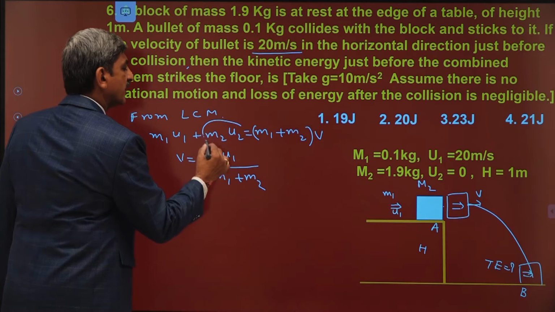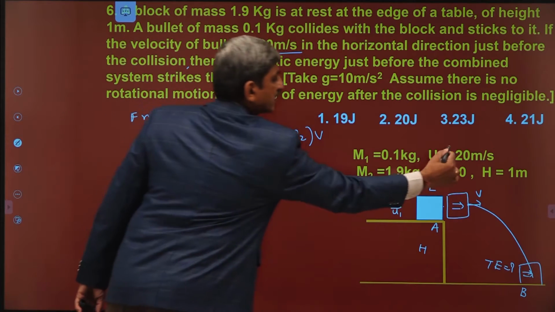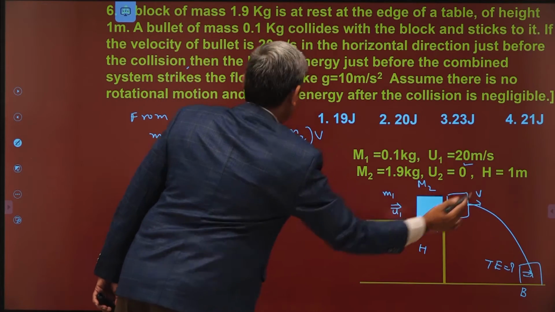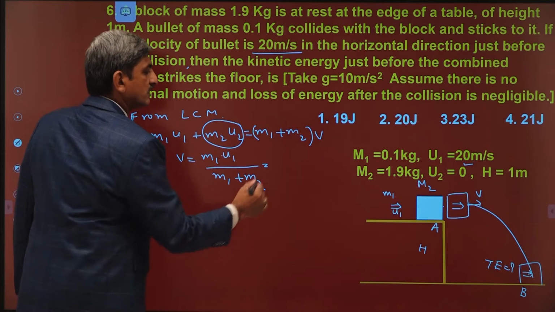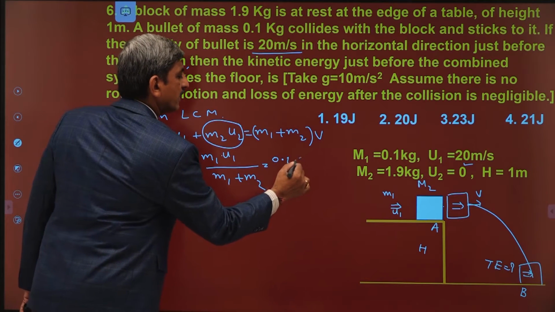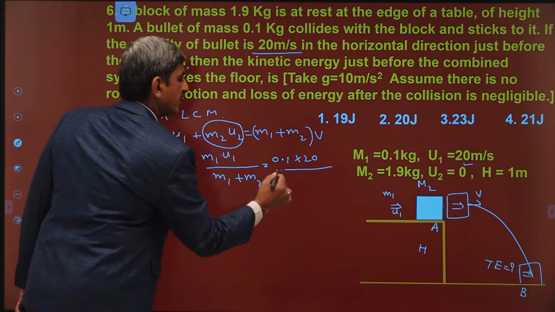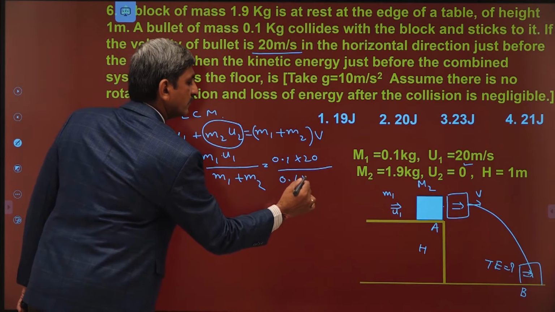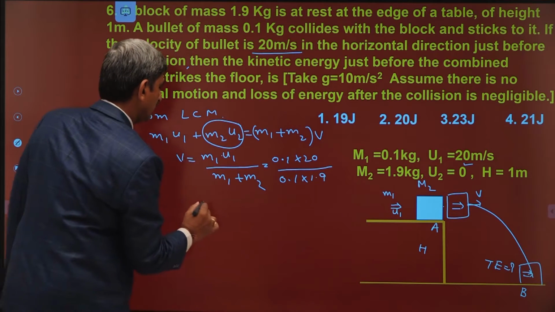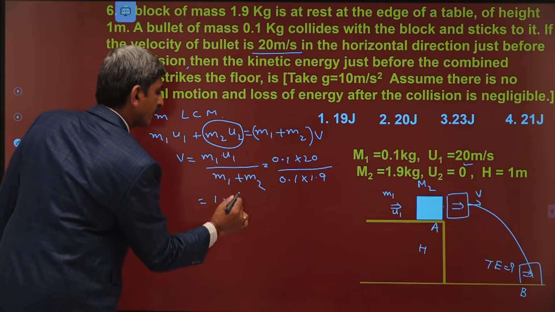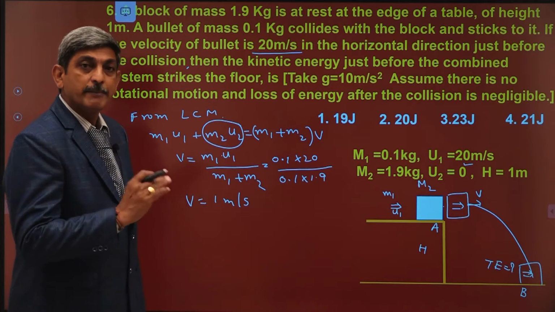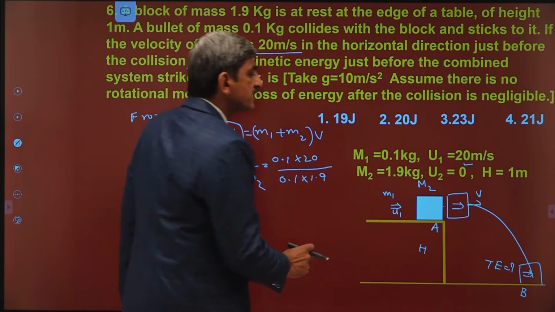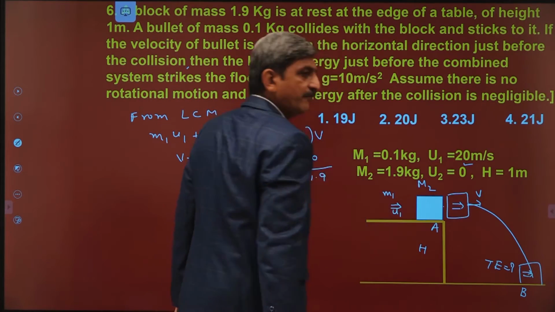Why? Because u2 is given as 0, that's why m2 u2 is equal to 0. So substitute the values, it becomes 0.1 into 20 divided by 0.1 plus 1.9. So this is equal to 1 meter per second. That means after the bullet embeds in the wooden block, the combined system is moving with a velocity v.